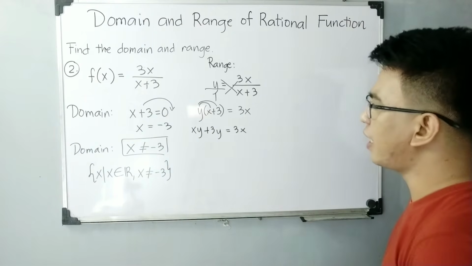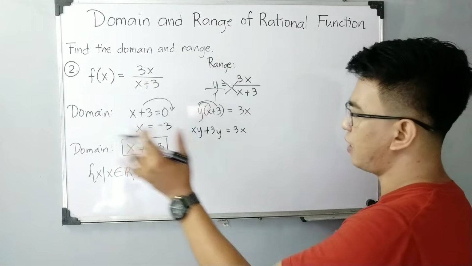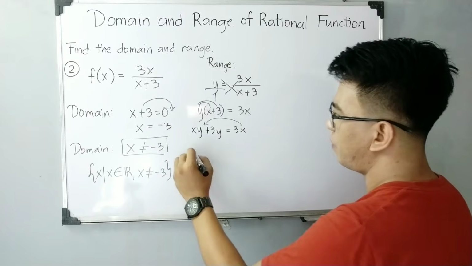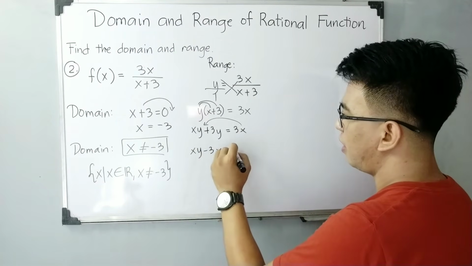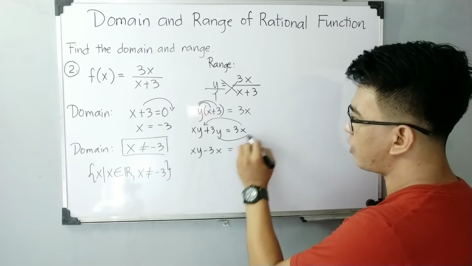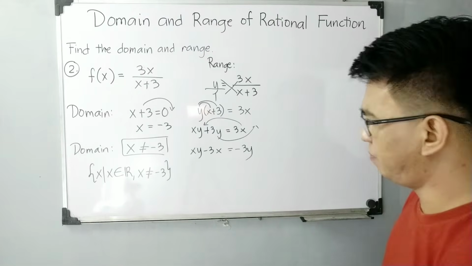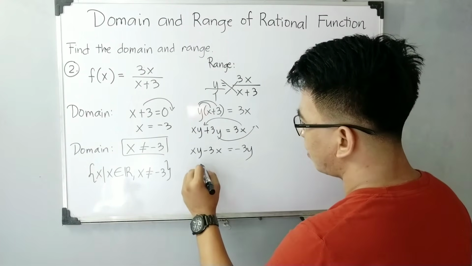Ang gagawin natin ngayon, guys, is we will solve this by x. Lahat ng x natin, dali natin doon. So we will try to transpose this one. This will become xy minus 3x is equal. Ito 3y naman natin, we will transpose it to the other side. It will become negative 3y. Now, by factoring, we can factor it out.